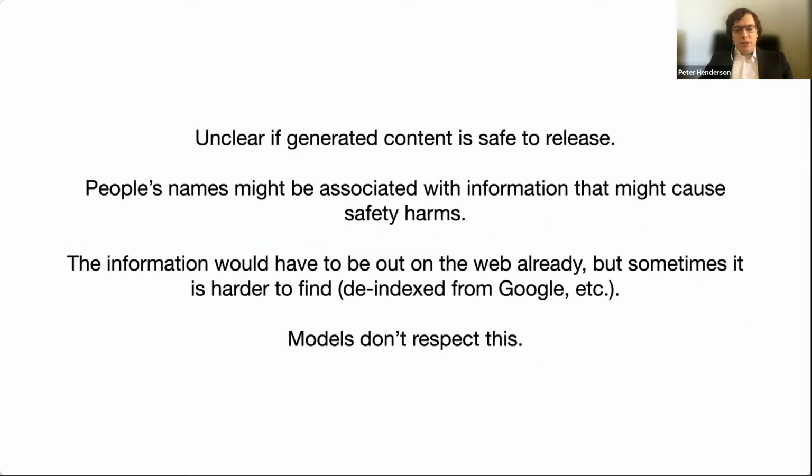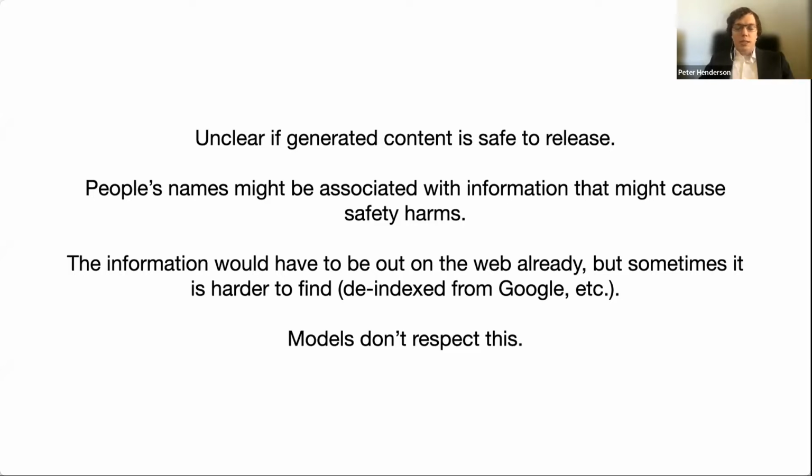So it's not really clear if the generated content is safe. People's names might be associated with information that might lead to safety harms. For example, if they were seeking asylum and they're testifying about particular things that happened to them, you might not want the model to simply learn that and then start spitting it out all over the place. Of course, this information would have had to be on the web already, but some of it is harder to find.